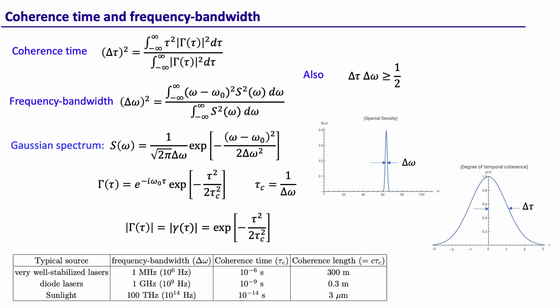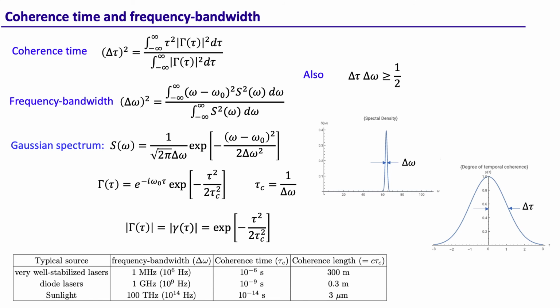So even in sunlight, if you choose 2 points that are separated by not more than 3 micron, we will still see interference. So if you have sunlight going through a Mach-Zehnder interferometer, in which the path length separation is less than 3 micron, we will actually see interference.